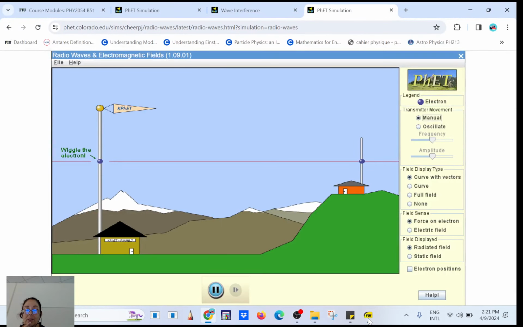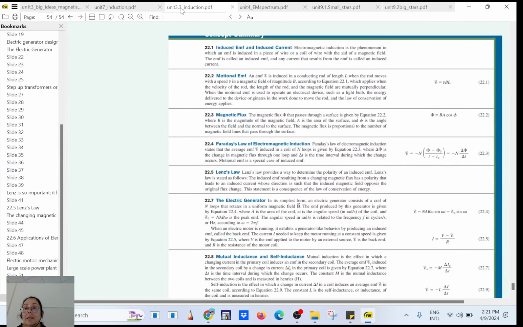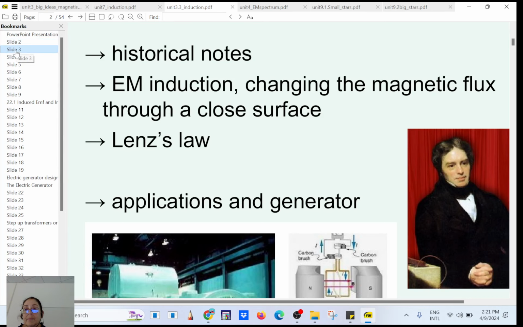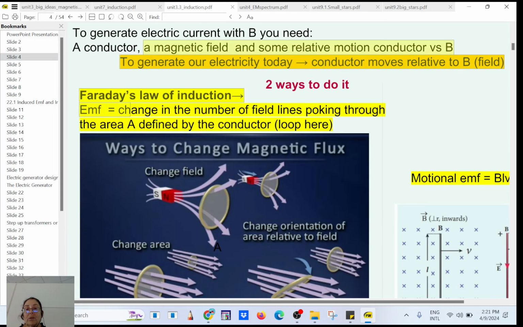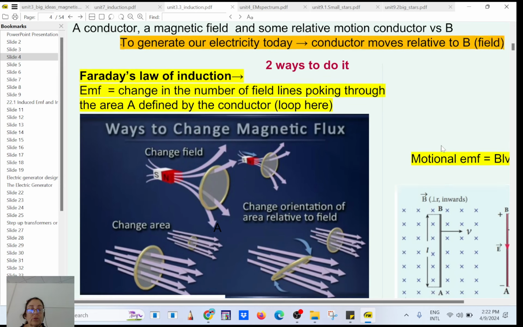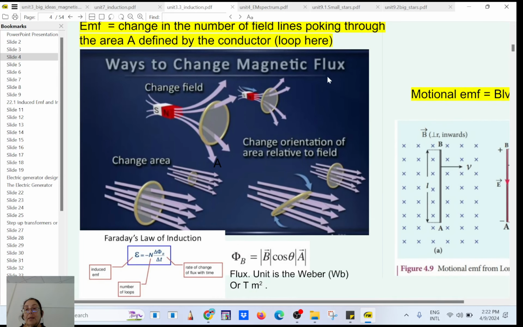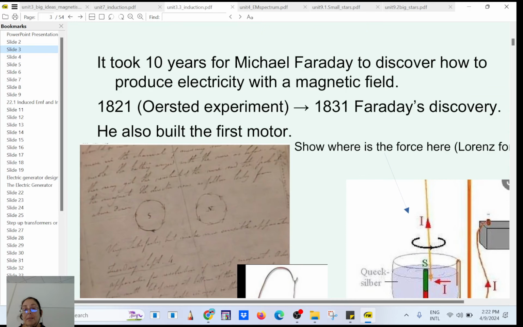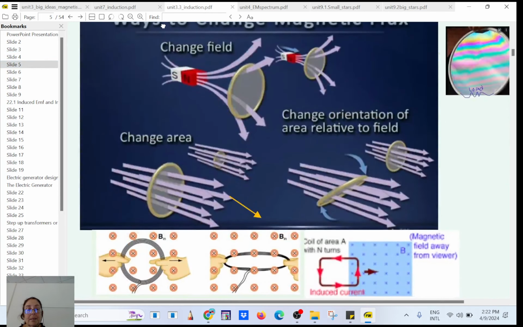Yes, because something has to change. So if the area is changing, yes, there will be an induced EMF. So if you go back to here, you have a different way to induce an EMF, and here you can change the area.